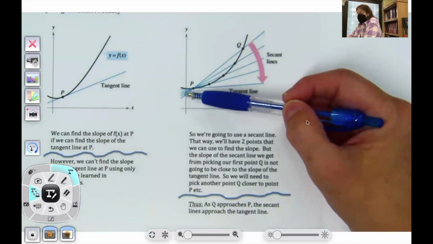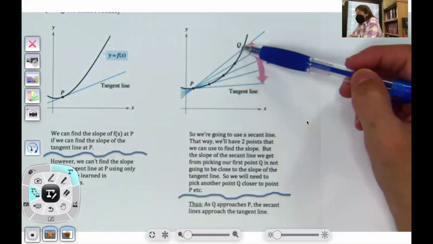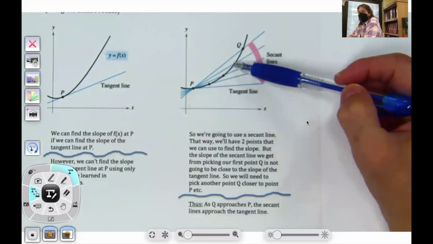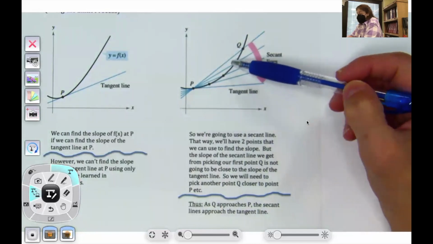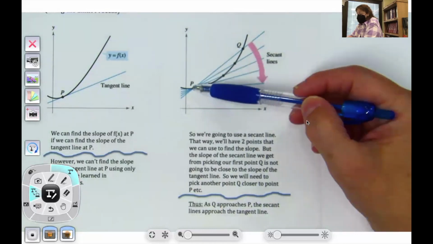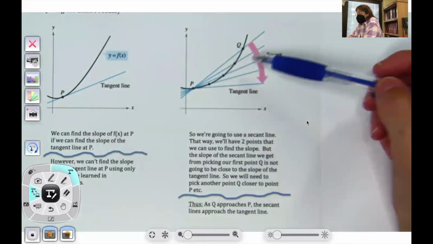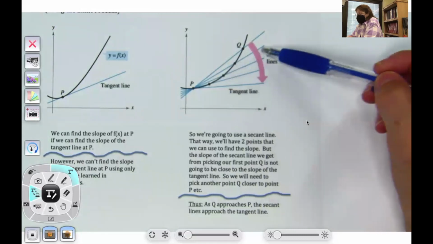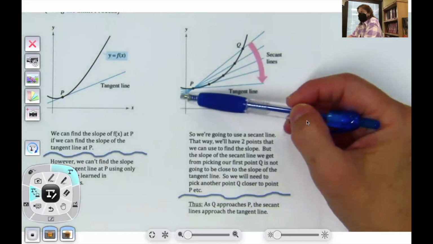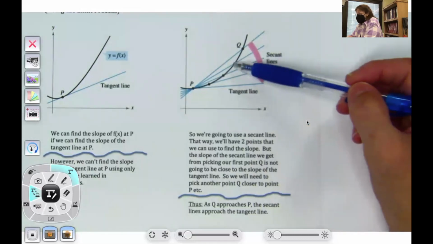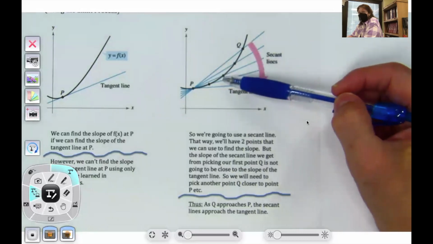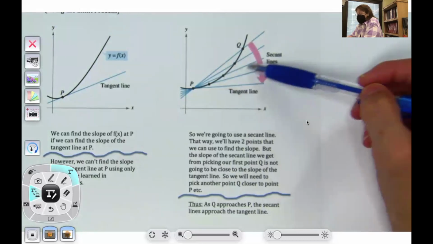I can. If I choose to pick a different point Q on this curve, I'm still going through this point P here. I know 2 points on that line, so I could calculate the slope of that secant line. If I pick another point Q on here, again, I could calculate it.